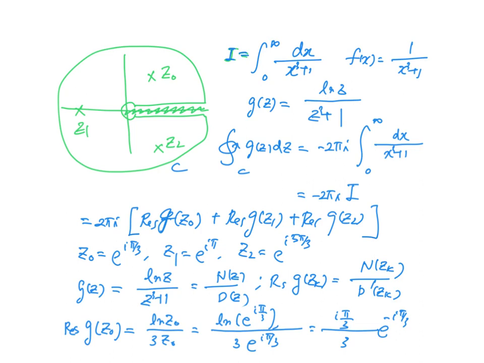Or 3z squared, yeah, square. So that's 2, right? So 2. Thank you. I could have made a big mistake.